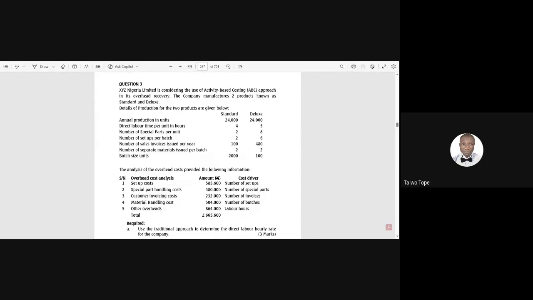So we started a discussion on activity-based costing in our first class. So we solved an example. I also forwarded an assignment which quite a number of persons have attempted, and the outcome is a good one.